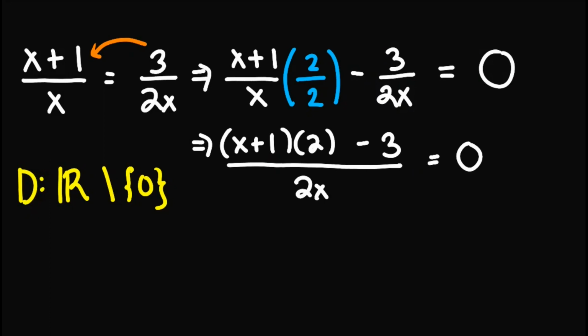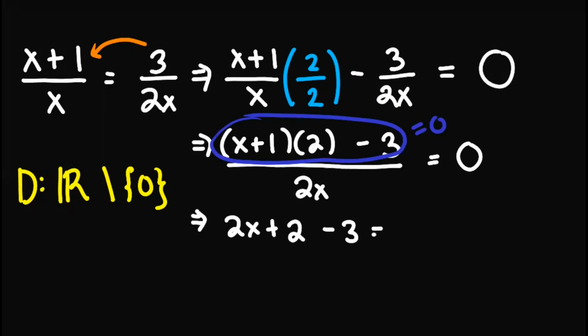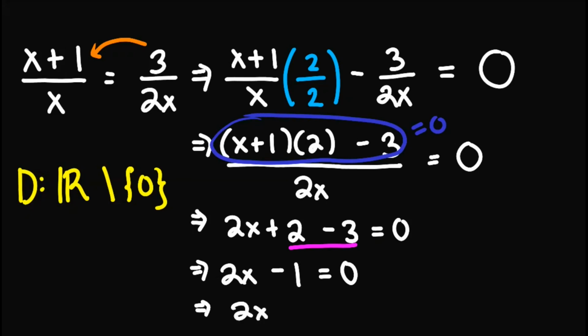For this equality to hold, by the zero fraction method, this numerator must be equal to 0. So simplifying the numerator, we'll have 2x plus 2 minus 3 equals 0. Simplifying further, we can add this up to obtain 2x minus 1 equals 0, or simply 2x equals 1.